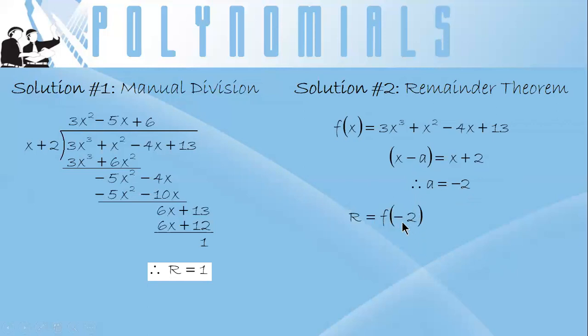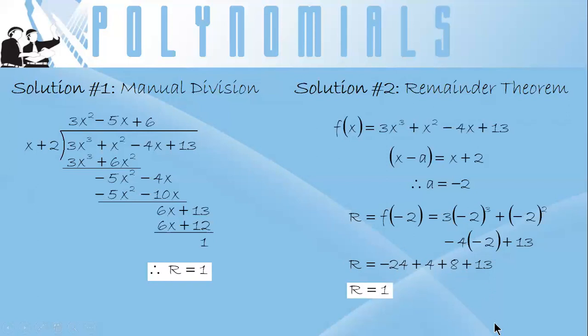Substitute negative 2 for x: 3 times negative 2 cubed plus negative 2 squared minus 4 times negative 2 plus 13. Simplify: 2 cubed is 8 times 3, that's negative 24. Negative 2 squared is 4. Negative 4 times negative 2 is positive 8, plus 13. 13 plus 8 is 21, plus 4 is 25. 25 minus 24 equals 1.